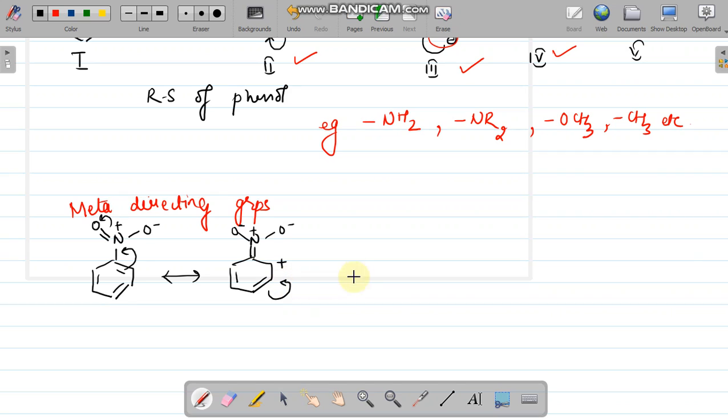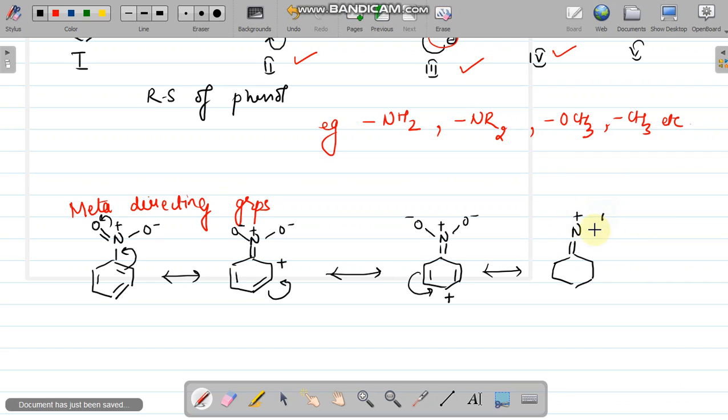So what is going to happen? This is going to come over here. It is going to come over here, and here the positive charge will come.